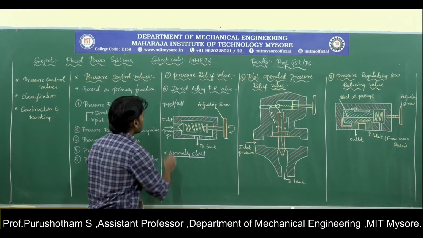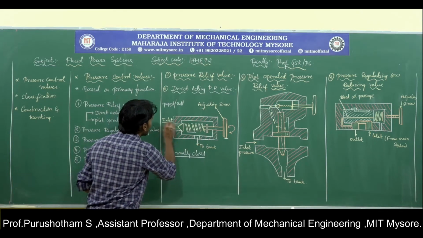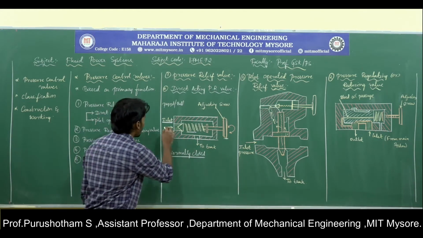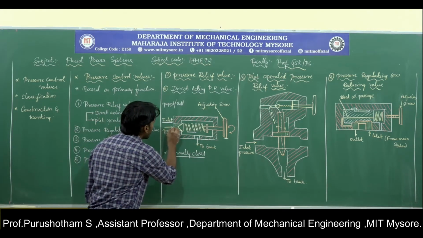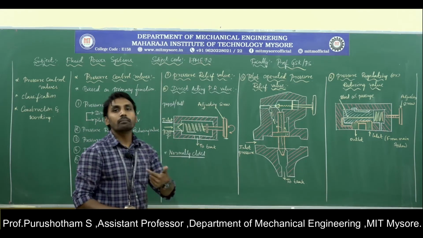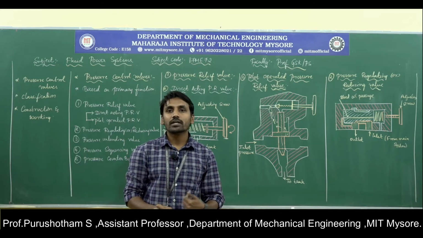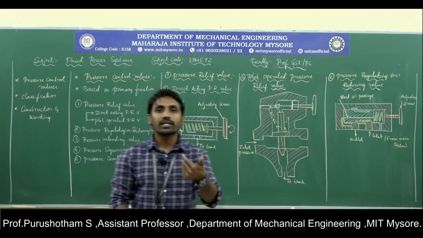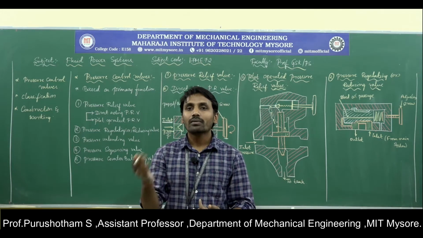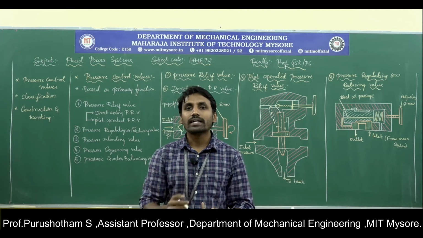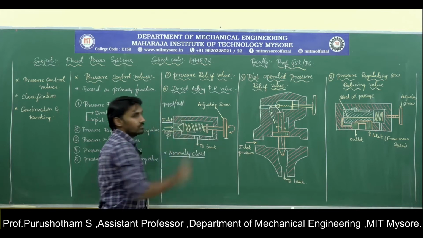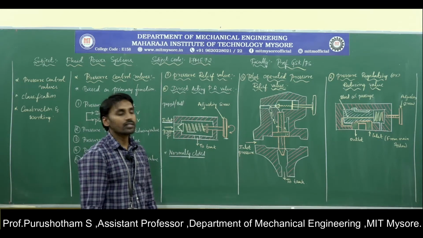Then what will happen? Here we can see the inlet pressure. When the fluid entering this valve is below the prescribed pressure or equal to it, around 30 psi, meaning the system pressure is 30 psi or below, around 29 psi or 28 psi, then this valve remains closed.